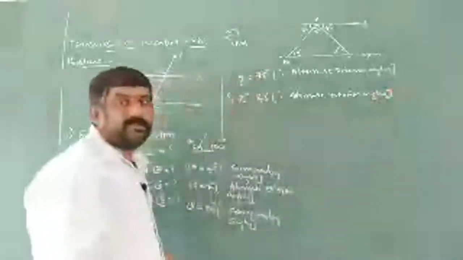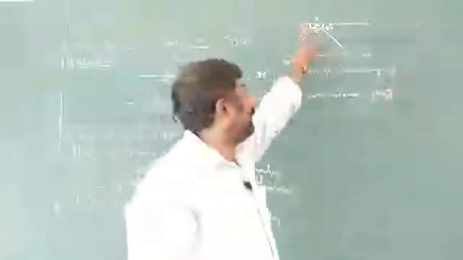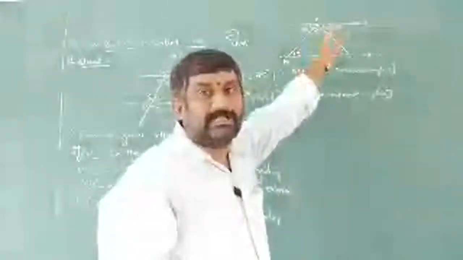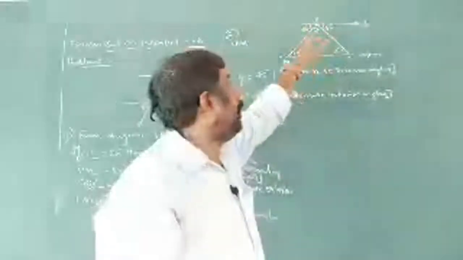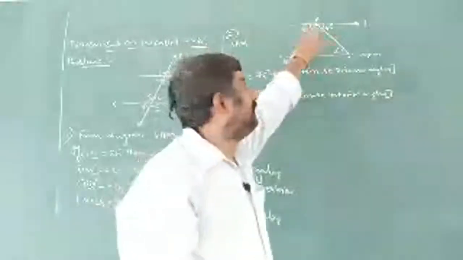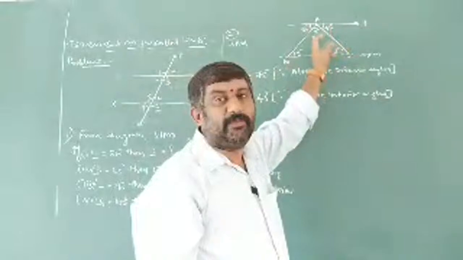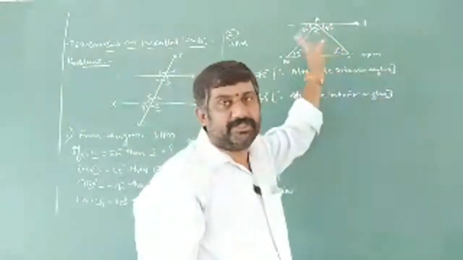Now what about X? Angles on a straight line total 180 degrees. Already this is 75 degrees, this is 45 degrees, totally 120 degrees. So the remaining is automatically 60 degrees.